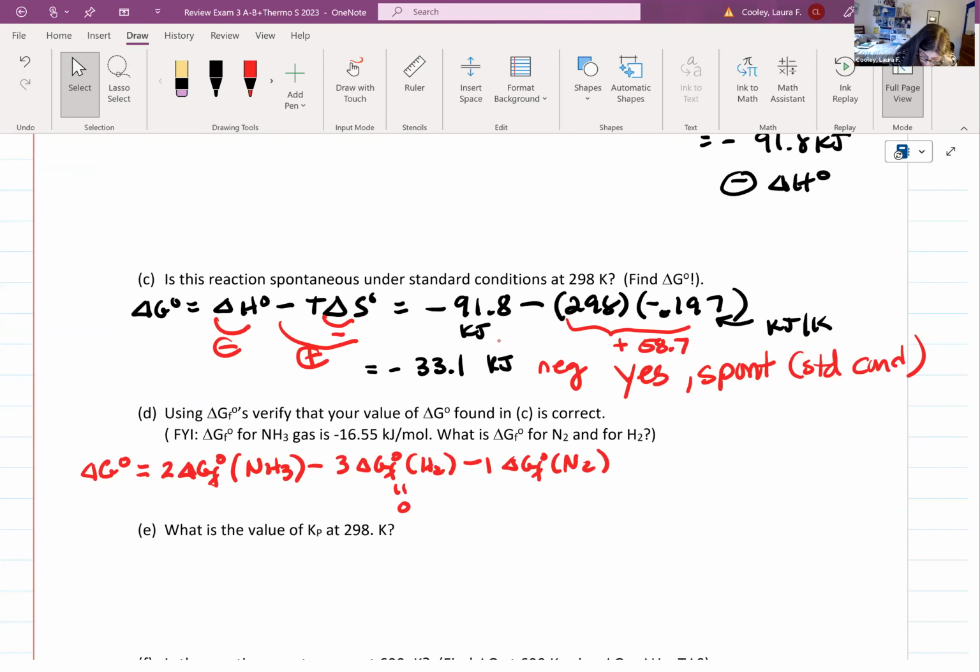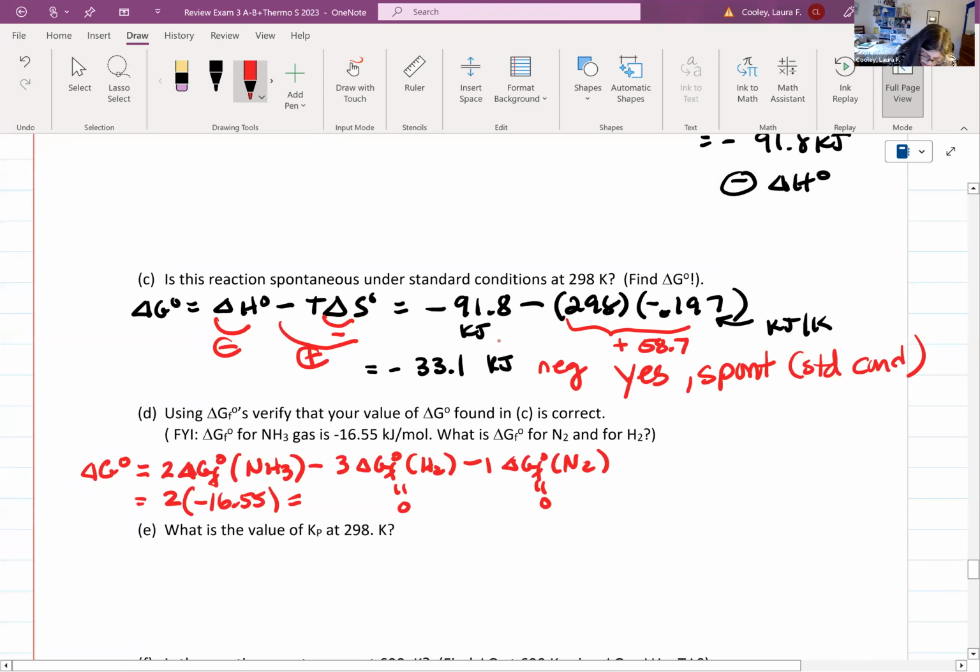But these are both equal to 0 because any of these formation deltas are 0 because you're forming an element from the element in its stable form. You're not doing anything to it. And this is the only number that's given because it's the only one that's needed. And 2 times negative 16.55 is negative 33.1. So it's the same.